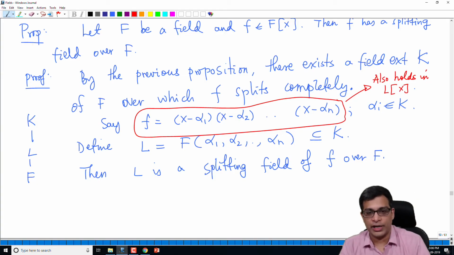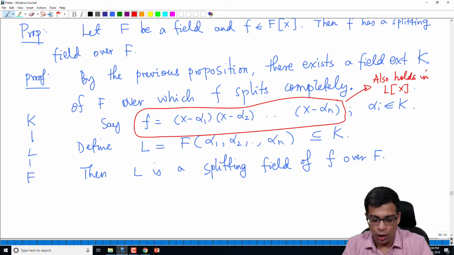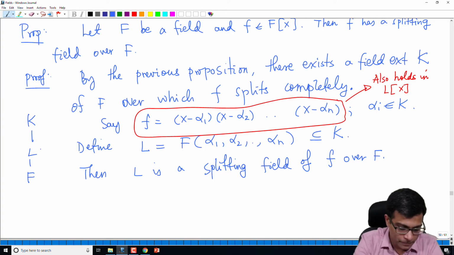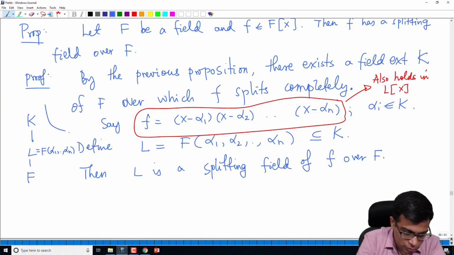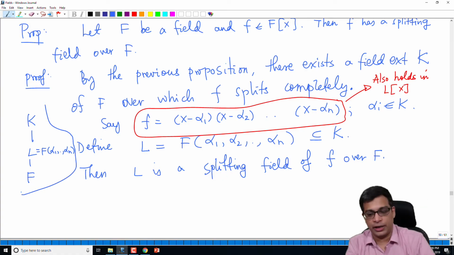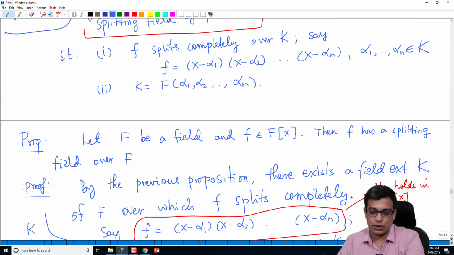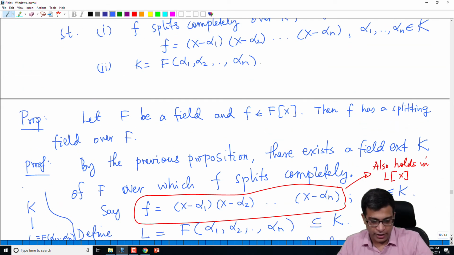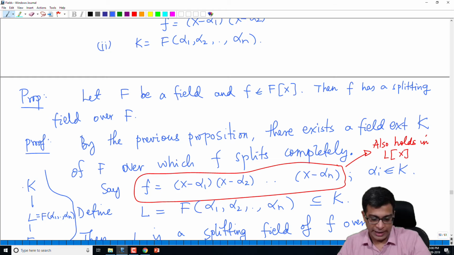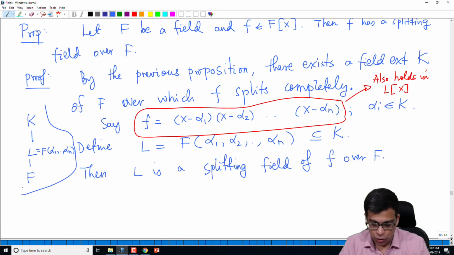Because what is the meaning of this holding in L[x]? All we want is that the coefficients of this polynomial are in L, but L was constructed so that all the alpha i's are in L. So this holds in L[x]. That means small f splits over capital L, and by construction the second condition holds. L is equal to F(alpha 1, ..., alpha n). So L is a splitting field of small f over capital F.